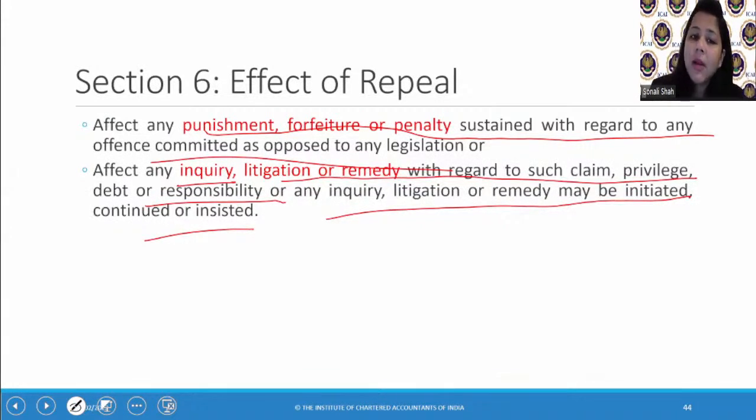But if the fraud was committed then, but it has come to the knowledge now, in that case it will be litigated under the new Act. But if the litigation has already started under the VAT Act or the Excise Duty Act, that inquiry will continue as per the old legislation.